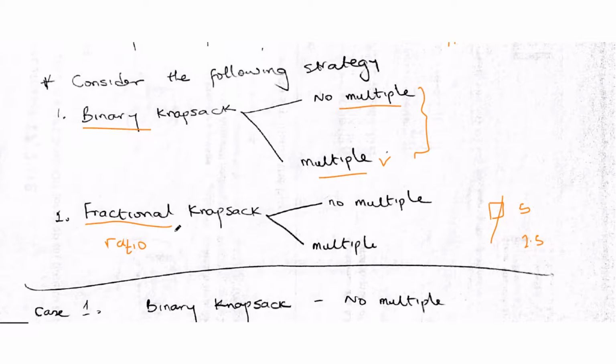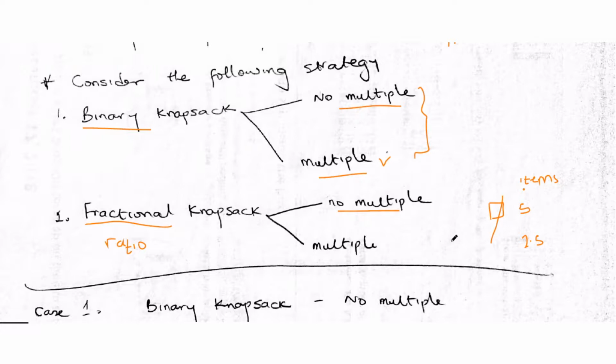And we also have the no multiple variant, where once you have taken an item once, you cannot take it again. Multiple means you can take the same item as many times as possible.